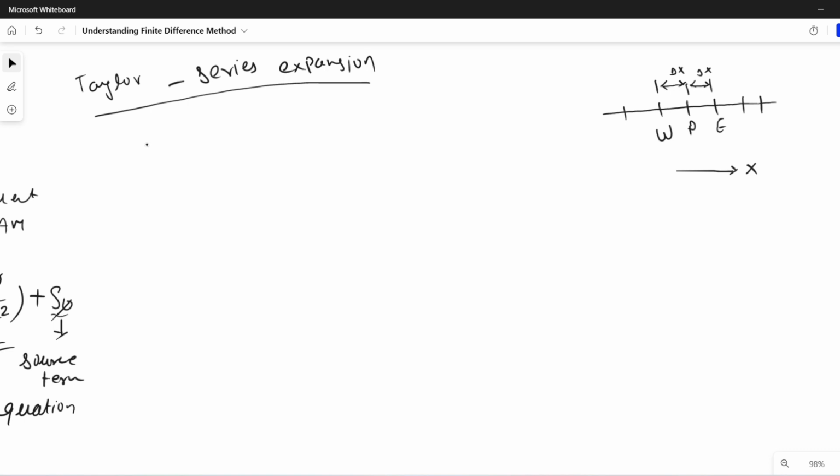Now suppose we want to know the value of φ_E in terms of φ_P.